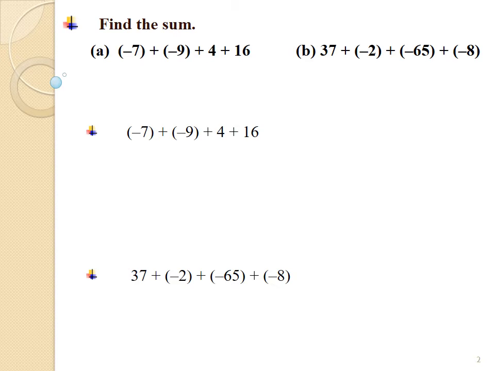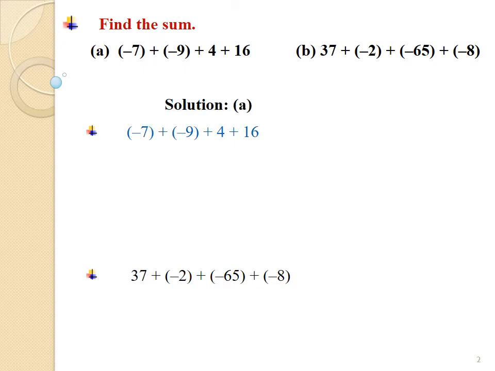Exercise 6.2, question number 5. Find the sum. Sum A: minus 7 plus minus 9 plus 4 plus 16.